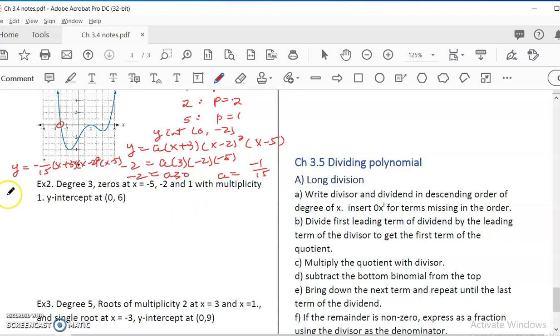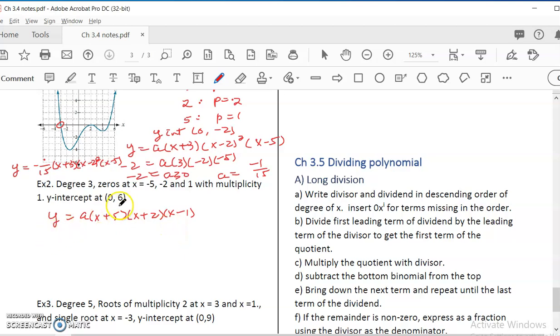The second one is where they don't give you the graph, they just tell you the zeros, the multiplicities, and the y-intercept. So you would write a preliminary one, which is y equal to a times (x minus -5, means x plus 5), (x minus -2, means x plus 2), (x minus 1). They all have multiplicity of 1, so that's very easy to do.